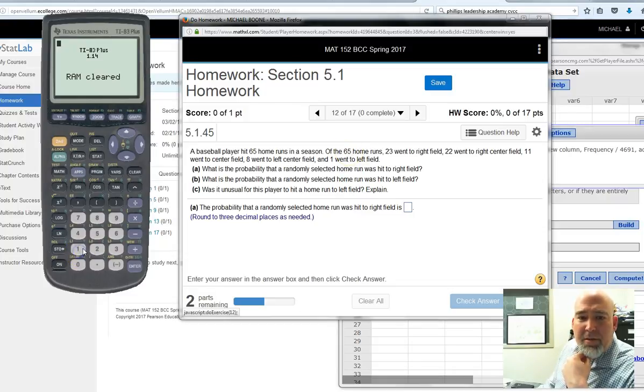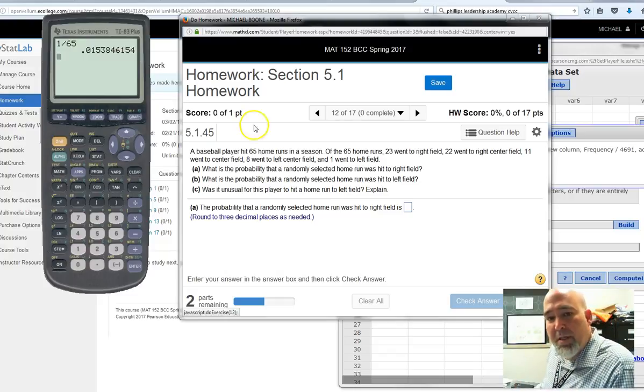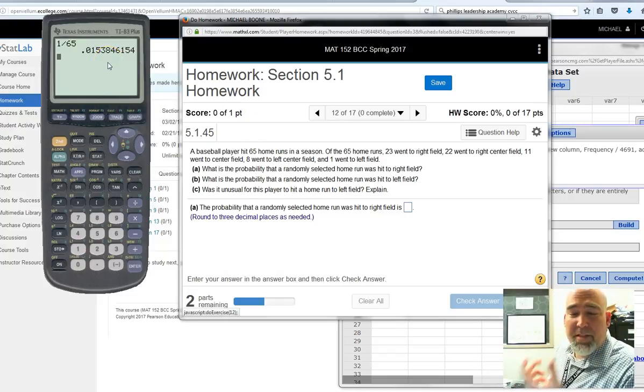So looking at our calculator, 1 out of 65, the probability of that happening is 1.5% of the time, or 0.015. Kind of the rule of thumb is if something is underneath 5%, we consider it unusual. And so when it comes to this question, I would say that it would be unusual because it happens less than 5% of the time. It's kind of like our cutoff.